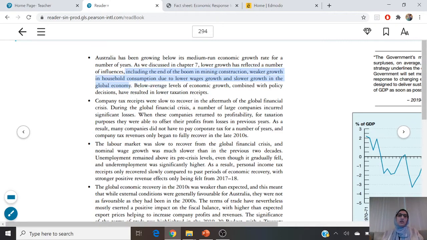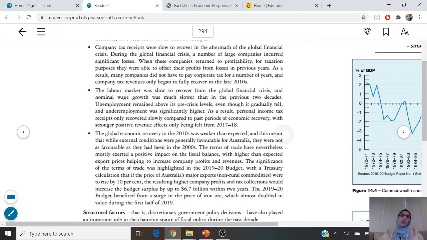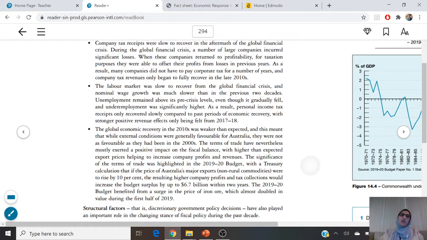So ever since the GFC, wage growth has been there, but just like the economic growth, it hasn't been enough, right? The wages could have been increased so that people could easily spend more, but that just never really happened as such. And that's basically a major influence in why economic growth hasn't been as big as it was expected to be. So we did recover from the GFC, but we didn't recover well enough.